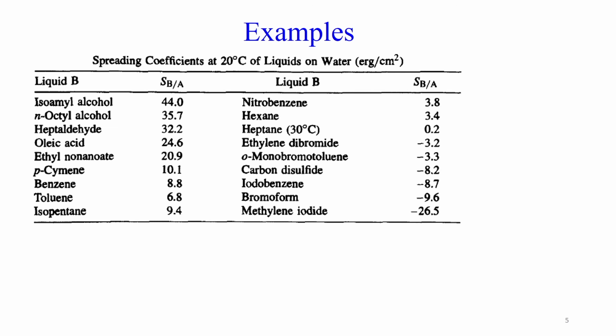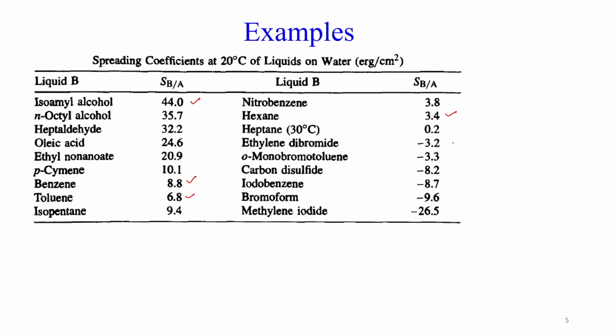Here I have listed the spreading coefficients of various liquids on water. If you see, starting from the higher alcohol, isoamyl alcohol 44, it goes to benzene 8.8, toluene 6.8, going to hexane 3.4.